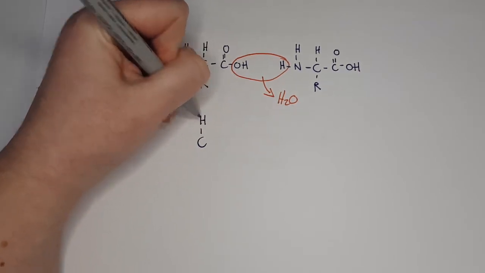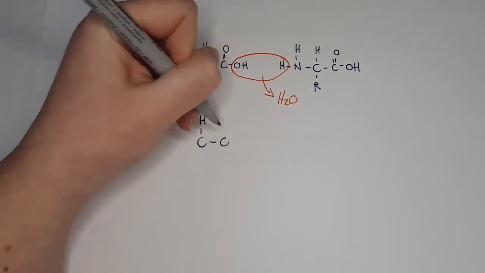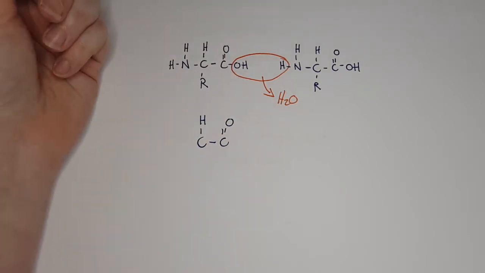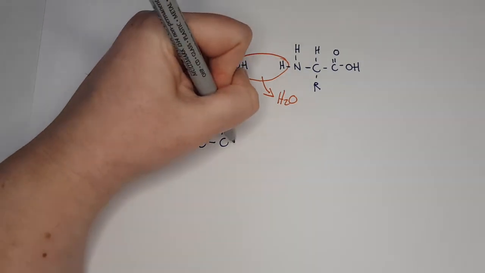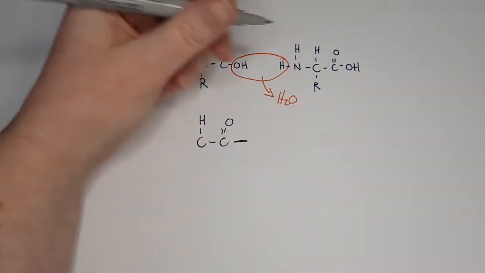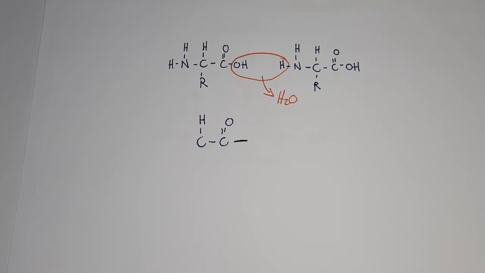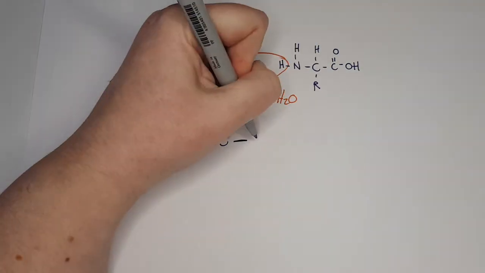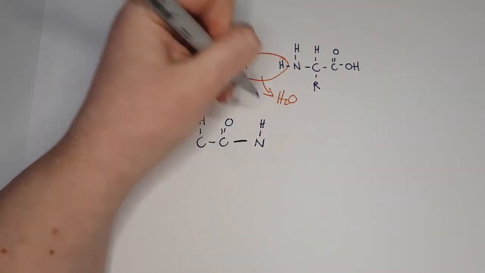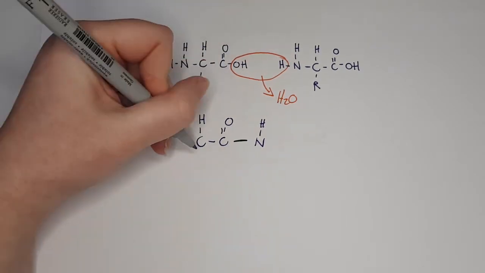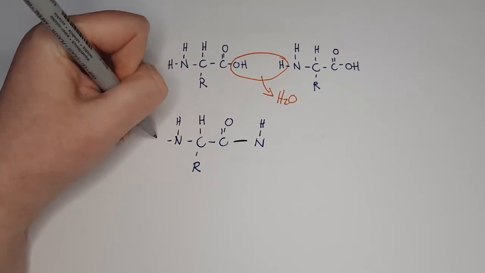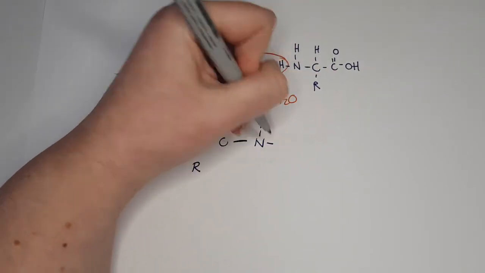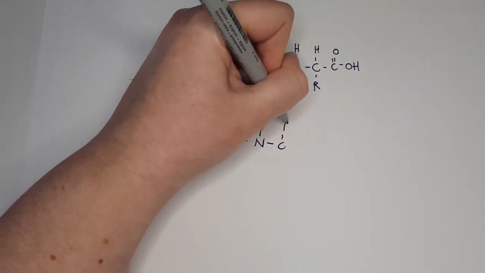So we have our carbon in the middle, the carboxylic acid side, but now that carbon gets joined to the nitrogen on the other molecule, which has its one hydrogen left. And then we can fill in the rest of the molecule on that side and on that side.